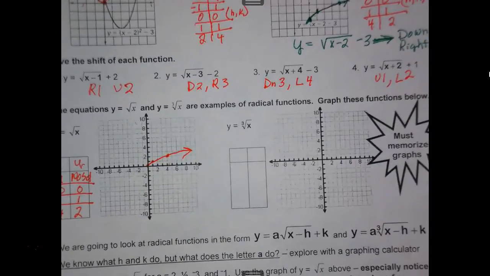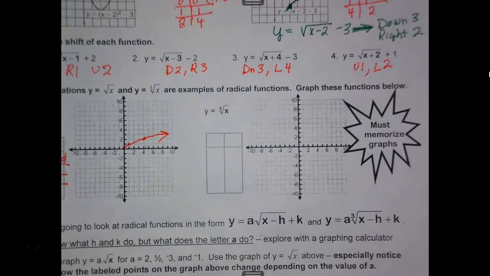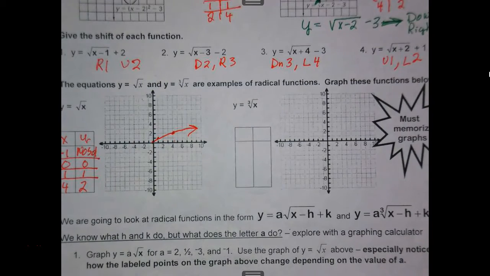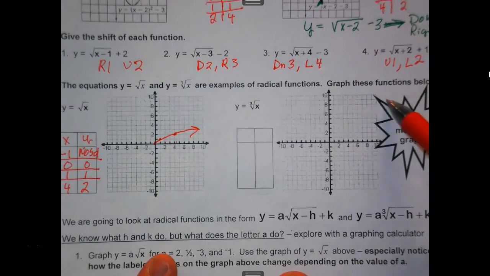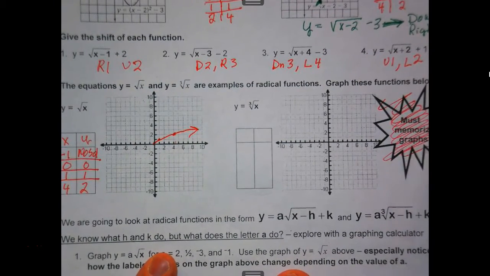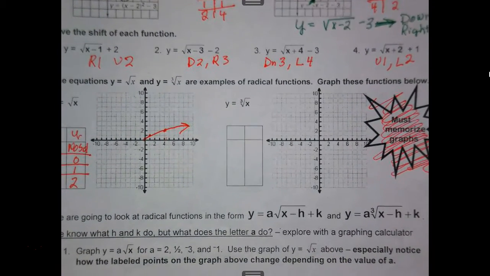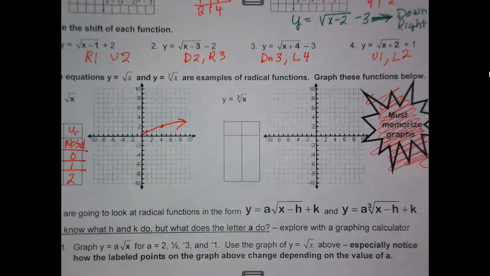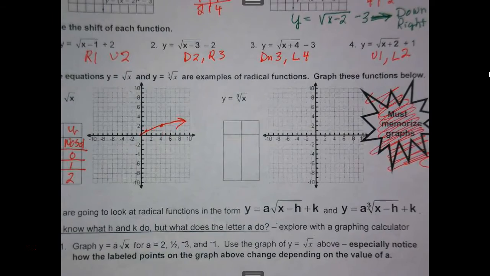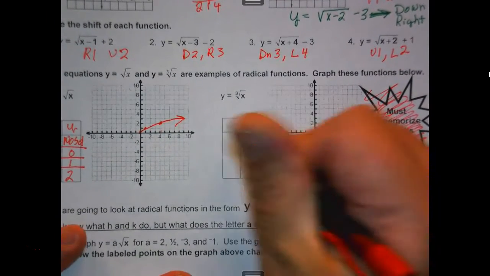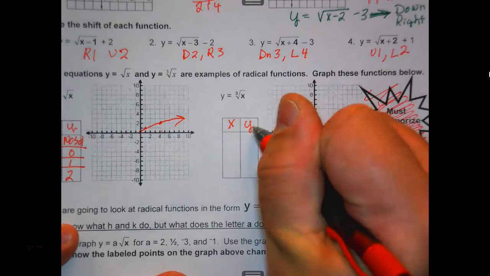Okay. Now, let's talk a little bit about the cube root. You don't have to memorize this because you're always going to have a calculator. And in about 5 minutes, I'm going to show you how to do all of these in a calculator. Okay, let's do it without a calculator first.